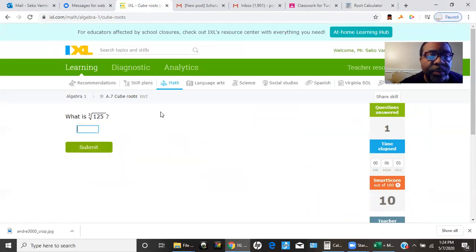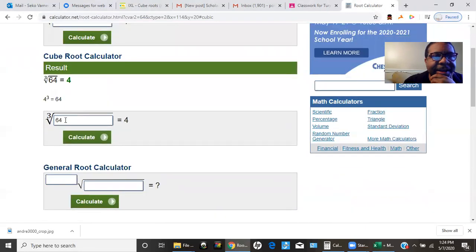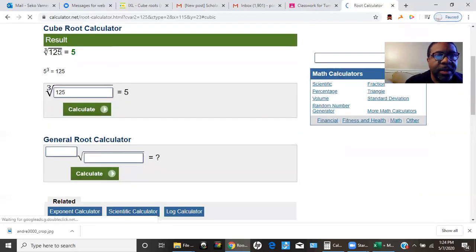Oh, what's the cube root of 125? We did that a little earlier. Hopefully you remembered, all right? What's the cube root of 125? Let's see if you remember. It's 5.